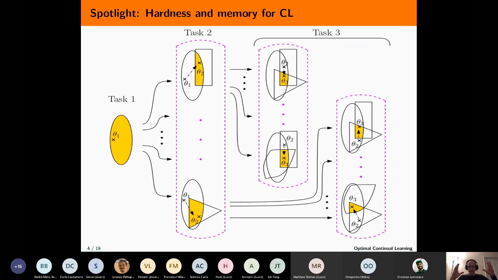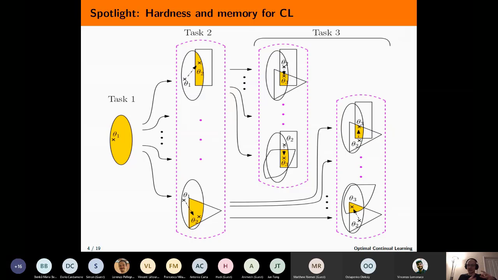One other intuitive device that's very useful throughout is to think of continual learning as an exponentially growing tree. Because at each time point, and when I say time point, I mean at each task, you do not yet know what task you're going to encounter next.